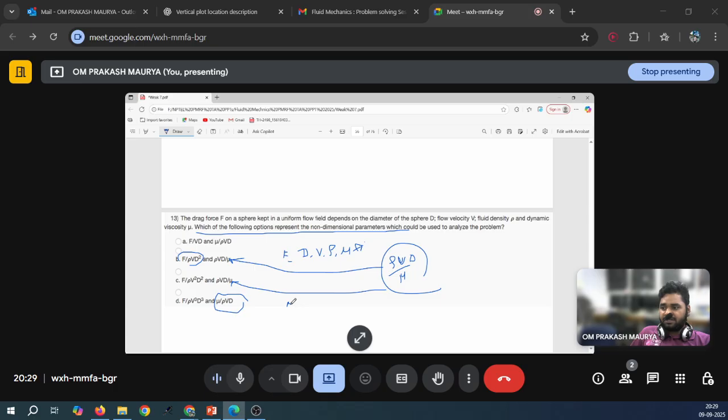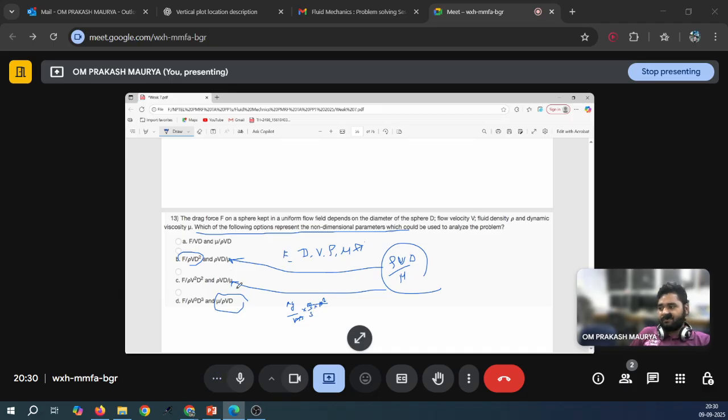So rho is kg per meter cube, v is meter per second, d is meter square. So this meter cube will be cancelled out. And kg by second, is kg by second the unit of force?